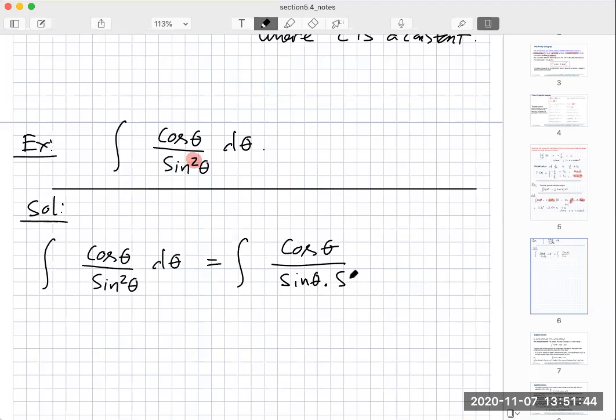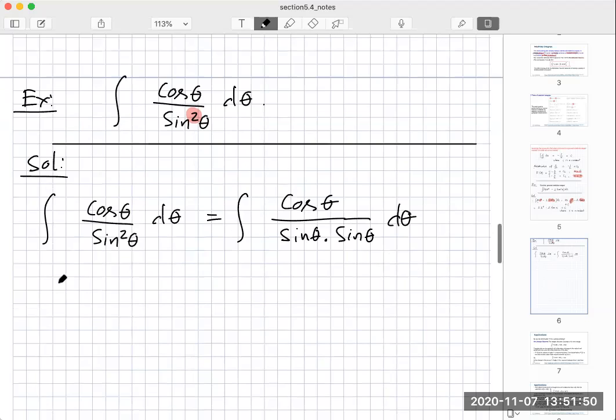Sine theta times sine theta, d theta. I meant cotangent, my bad. Yeah, but we do slowly, but I know what I mean. Thank you, Daniel. So this fraction, if we separate it into 1 over sine, then what is the other quotient here?